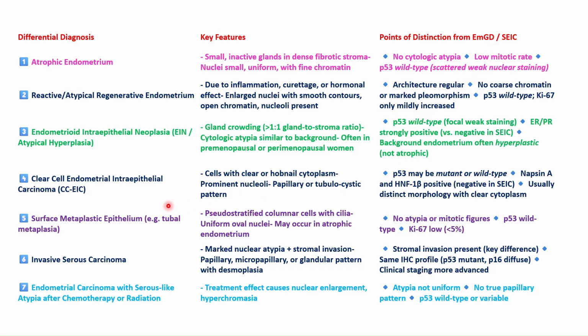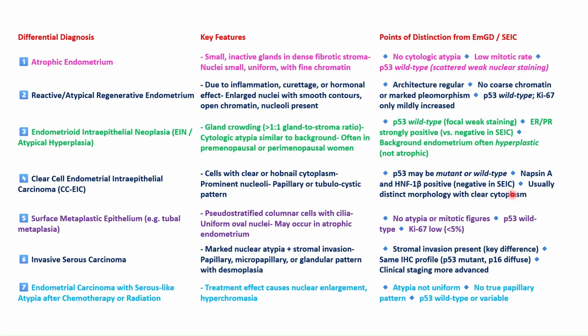Clear cell carcinoma or clear cell endometrial intraepithelial carcinoma shows cells with clear cytoplasm, prominent nucleoli, papillary or tubulocystic pattern, but P53 may be mutant or wild type. Here, napsin A and HNF1B are positive and negative in SEIC.